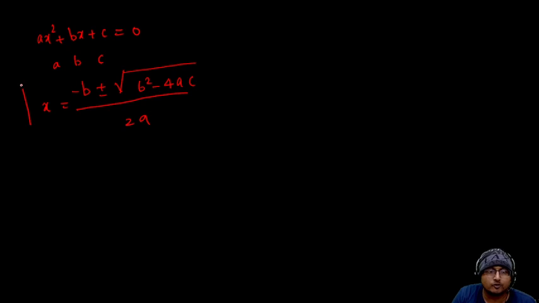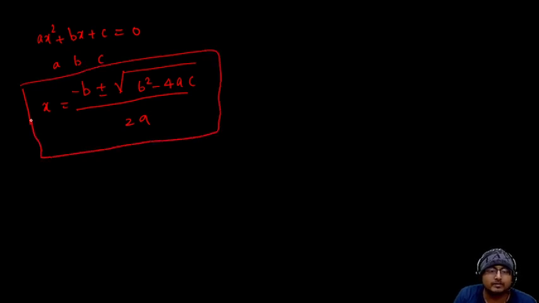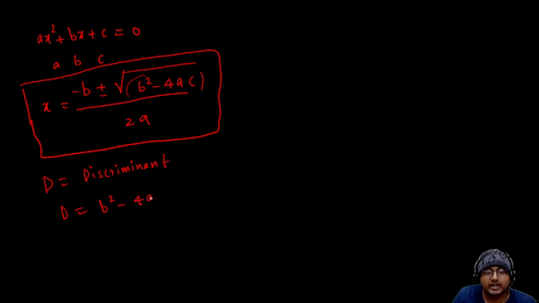Keep this in a box because this is the formula. Here d is nothing but the discriminant, the value that is in the root: b square minus 4ac.